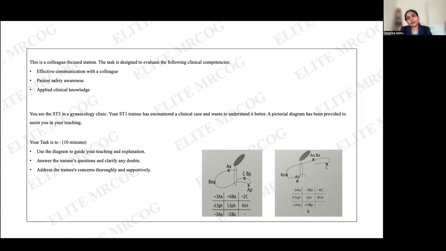Okay. As we can see in the grid, the C indicates the cervix.